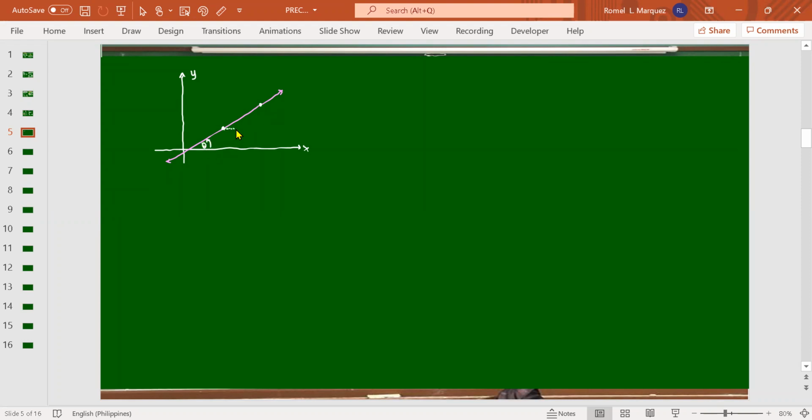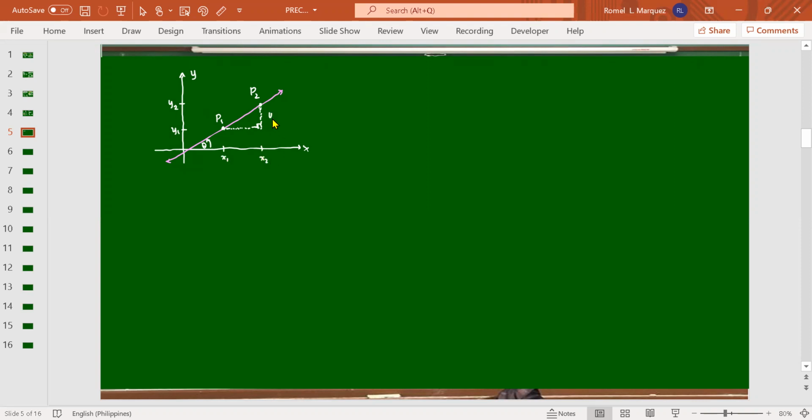If I draw a line parallel to the x-axis from point P1 and parallel to the y-axis from point P2, we form a right triangle here. So this is y sub 1, y sub 2, then x sub 1, x sub 2.